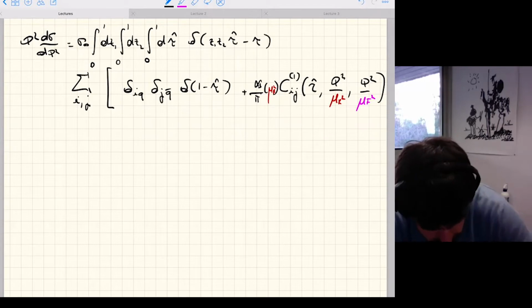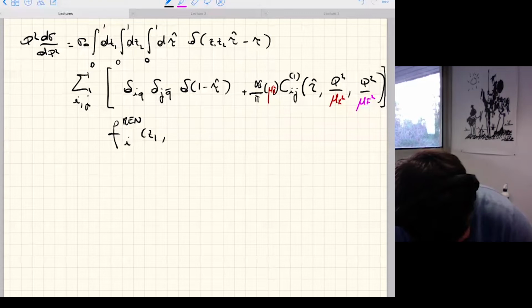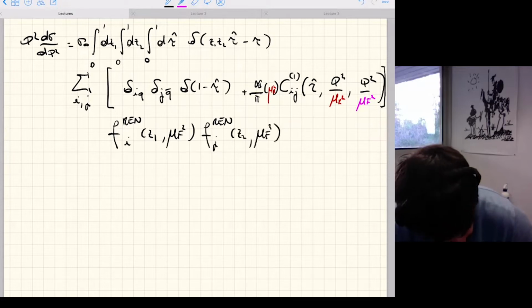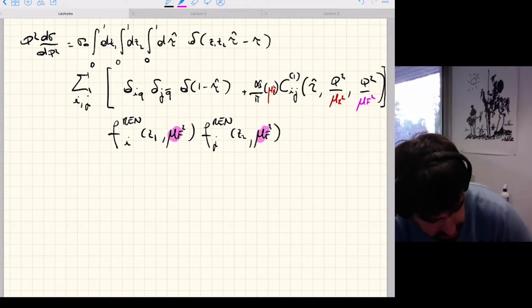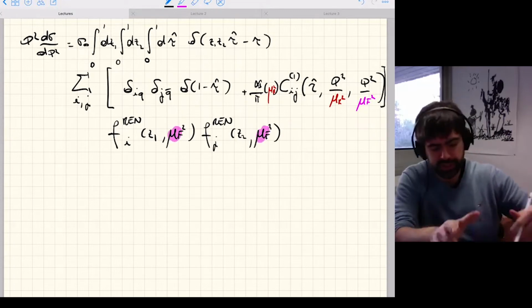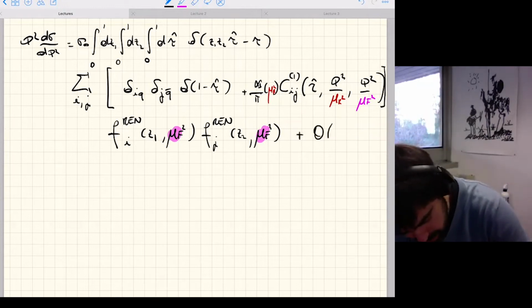And this multiplies f renormalized i of z1 times f renormalized j of z2. And this sum correctly accounts for all possible combinations. Plus higher order.